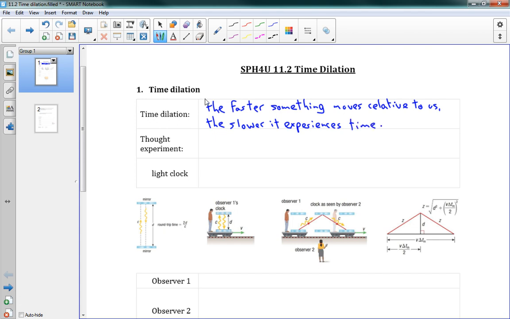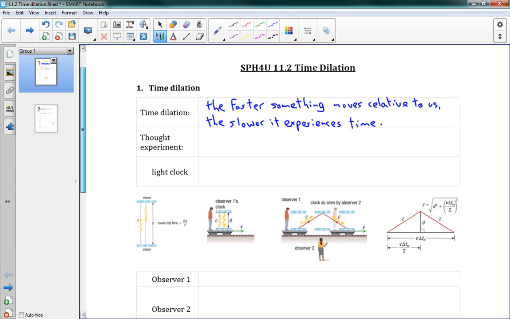And this is true. It has been confirmed. There have been experiments that have shown that this is in fact what happens. So the faster something is moving relative to us, the slower it experiences time.